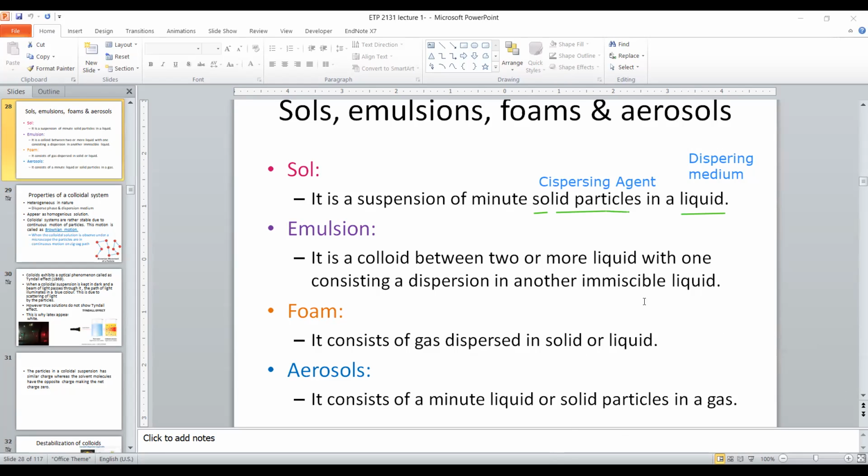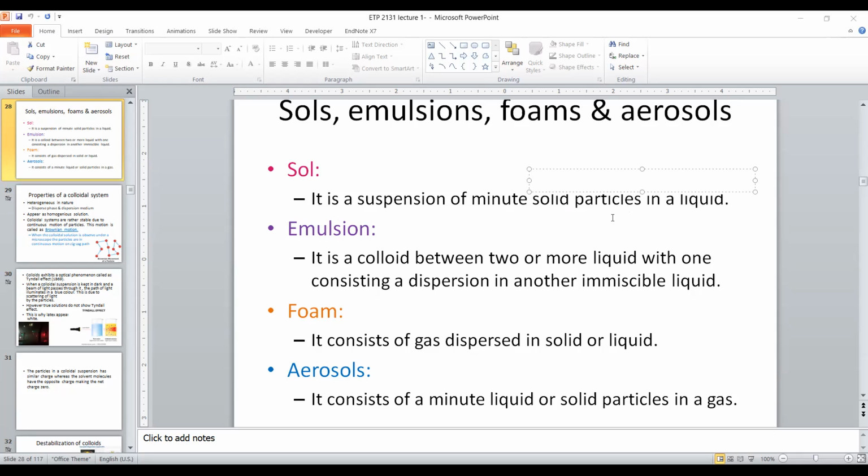Okay, second type is emulsion. In an emulsion, you have two types of liquids as dispersing agent and dispersing medium. Now here, what happened? This one is dispersing agent, okay? Solid particle is dispersing agent, liquid is dispersing medium.